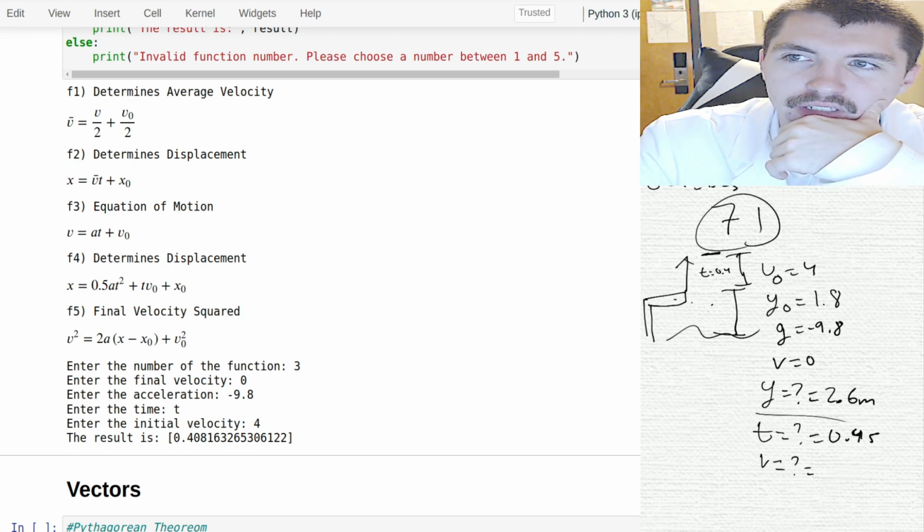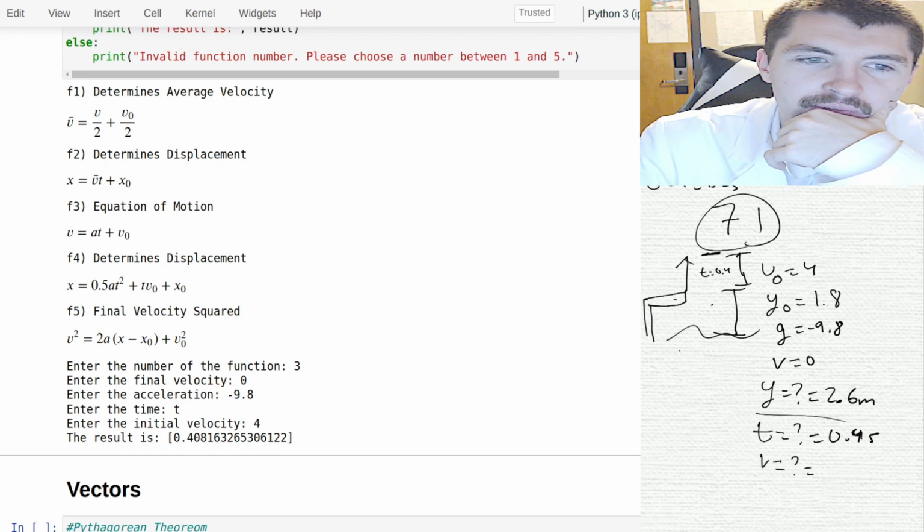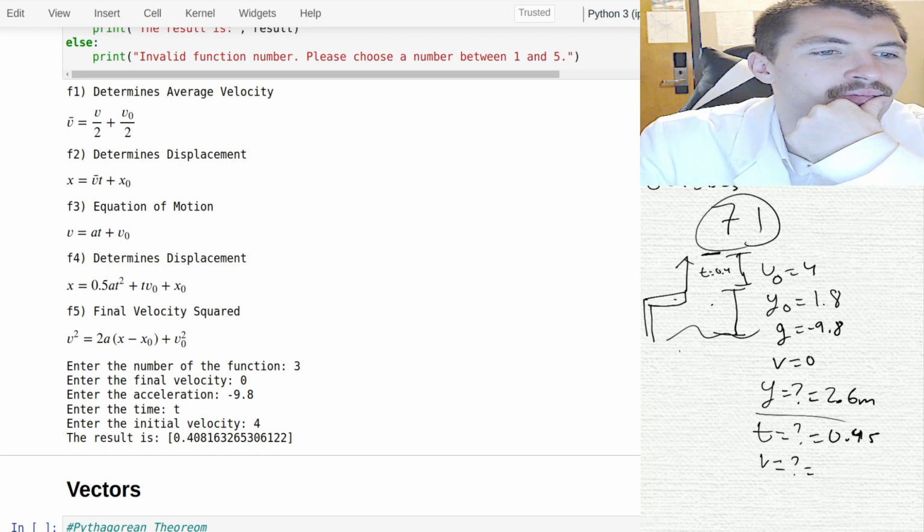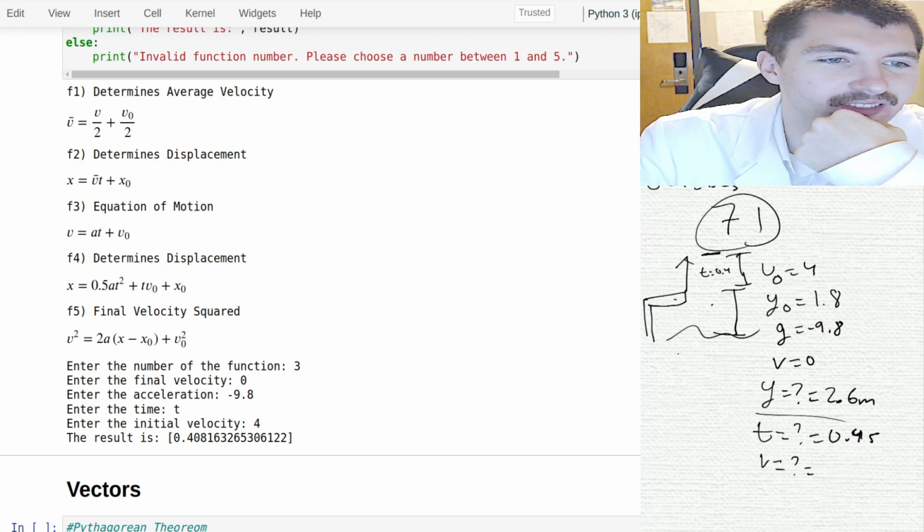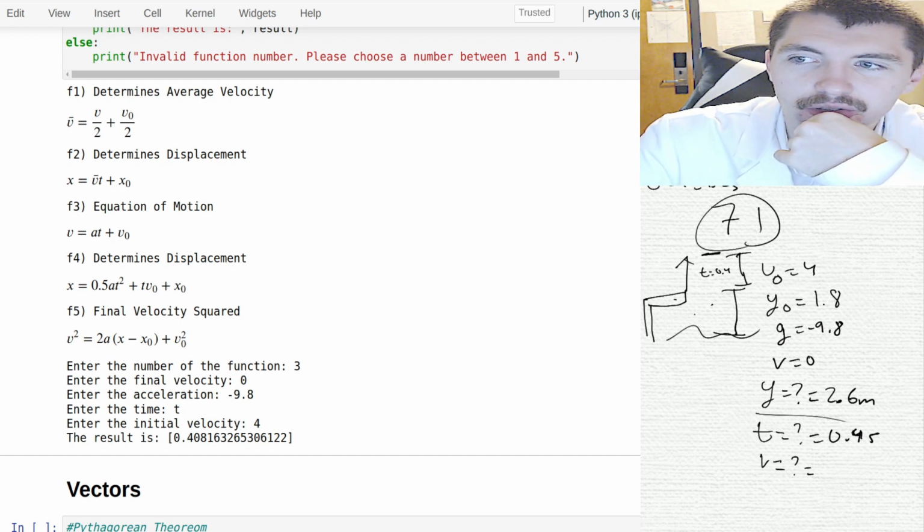So maybe I'm thinking it's not. So is this 2.6?